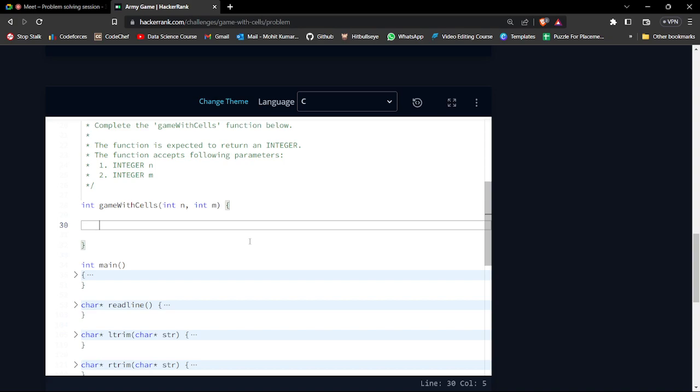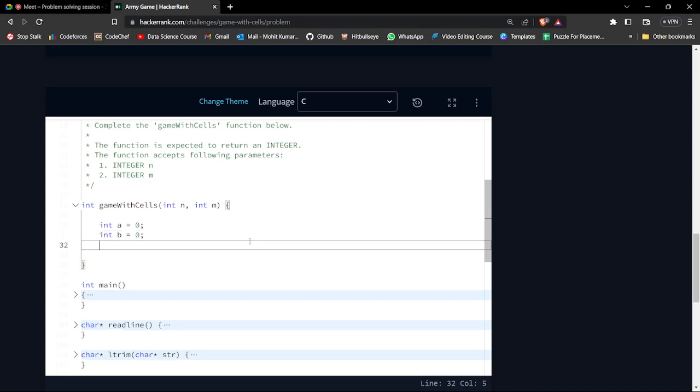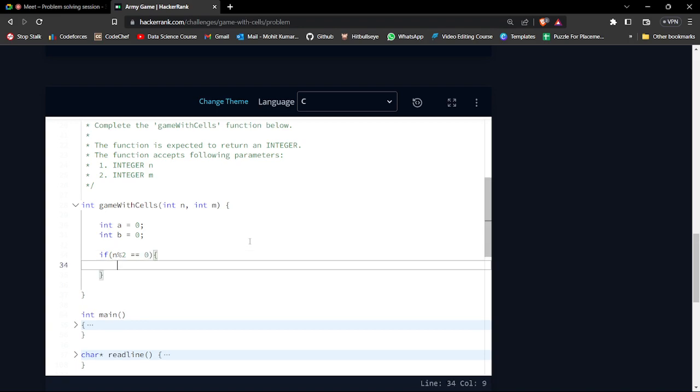That next approach says what? कि int a is equals to, let's say it is 0. Int b is equals to, let's say it is 0. Okay. And what I have to do is कि I have to check if n modulus 2 equals 0, if n is even, in that case the value of a will be n by 2.